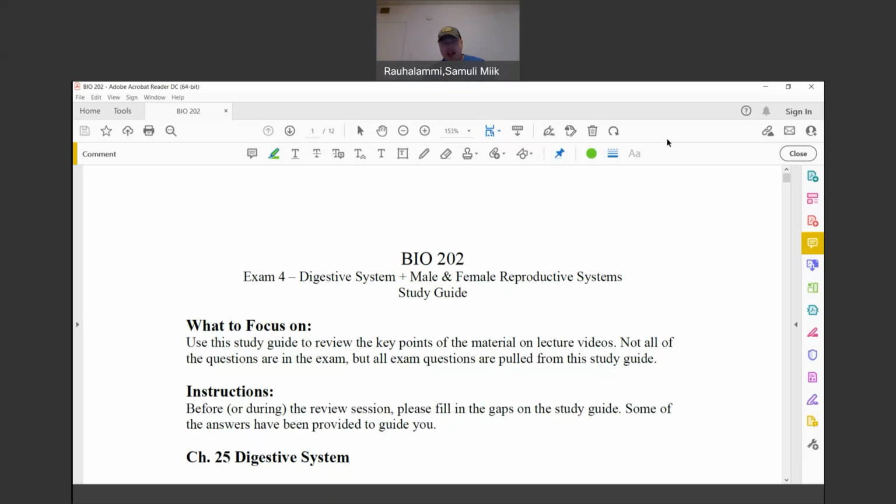If I remember correctly, there is going to be an extra credit question in the exam, and that's going to be from the second last page of your study guide, which was this diagram of the female monthly cycle, connecting all the concepts that we have been looking at.